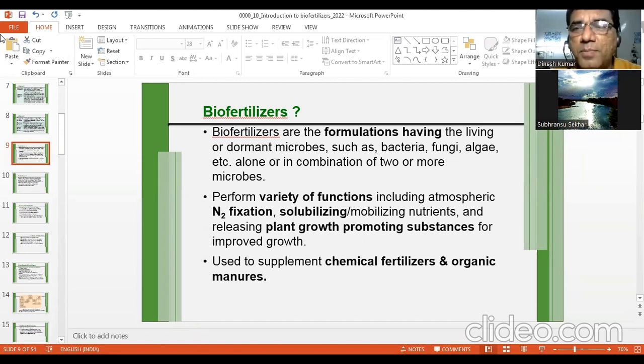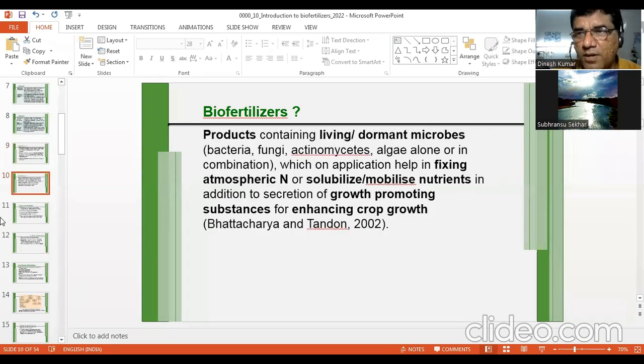Some others also produce growth hormones, even Azospirillum brasiliensis produces a number of hormones. They are used to supplement chemical fertilizer and organic manure.